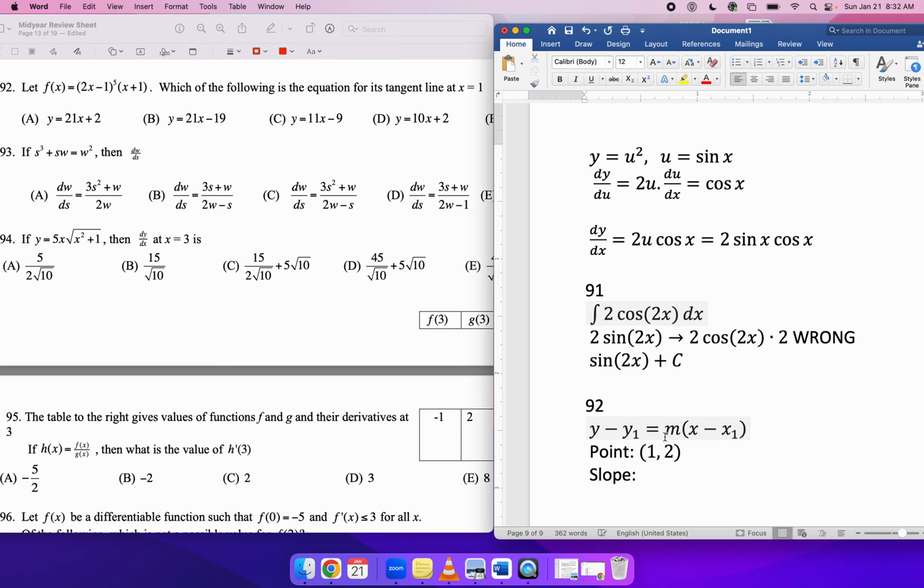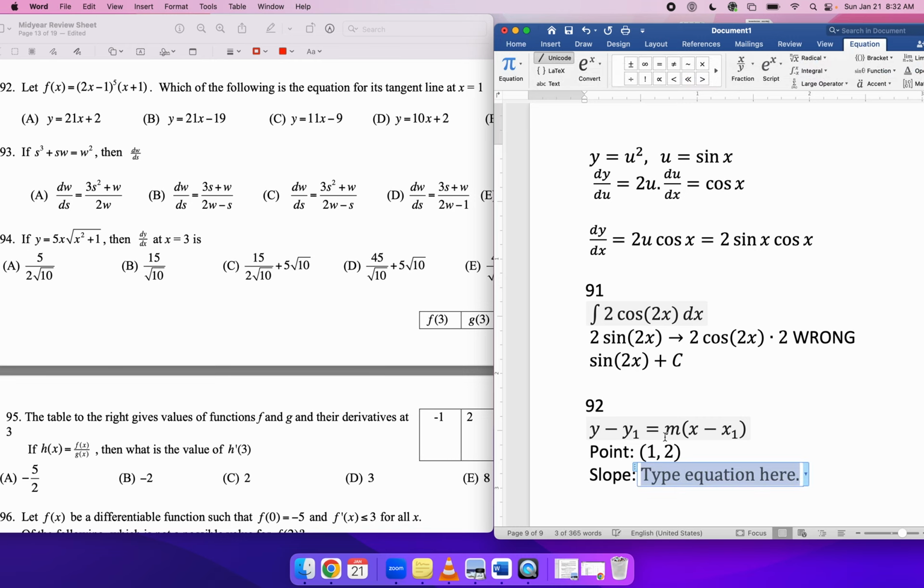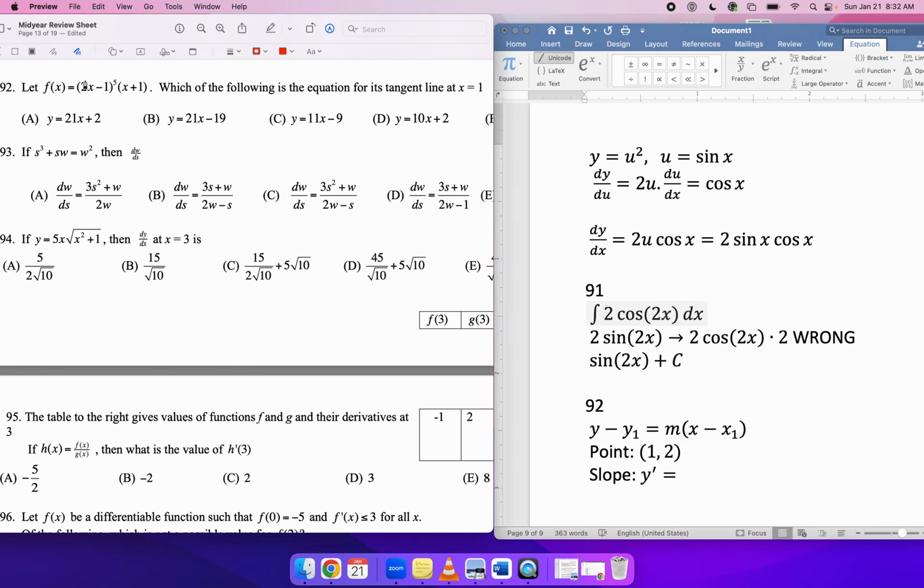And then what's the slope? For the slope, I need to find the derivative and plug 1 into that guy. So I need to find the derivative of this function, which is not so easy. It's product rule and chain rule. There are two factors: one is 2x minus 1 to the fifth, and the other is x plus 1. I'm going to do the product rule first.